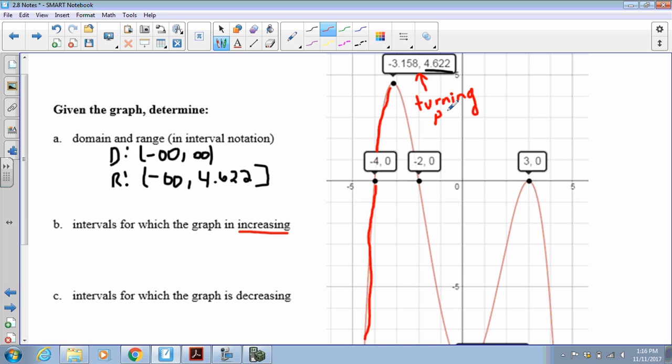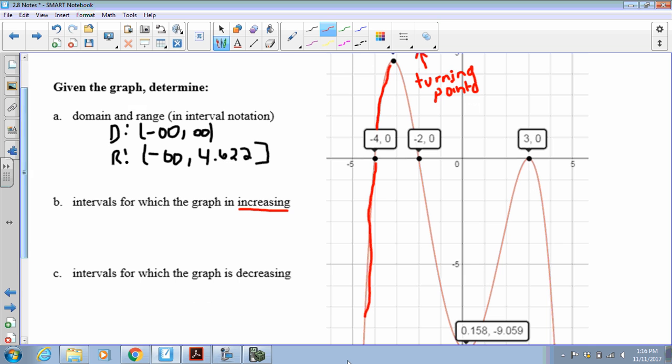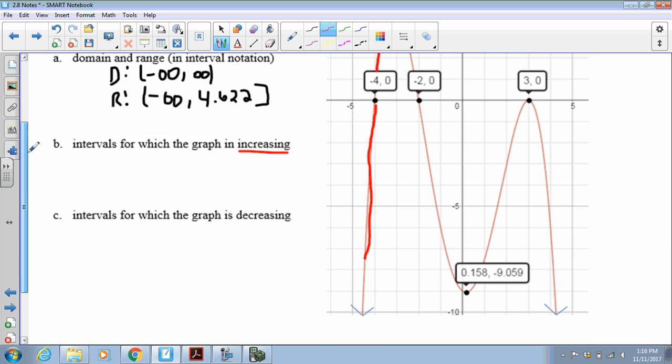Okay, we go down, so that means it is not increasing there. Then we go to a local min, so that's also a turning point, and from there we increase. So in this case, we have two intervals for which the graph is increasing.